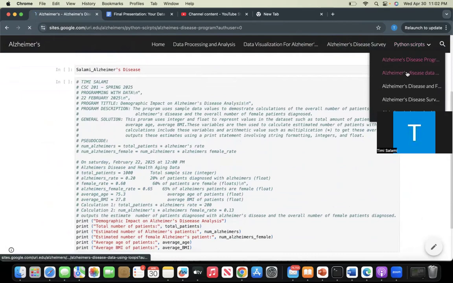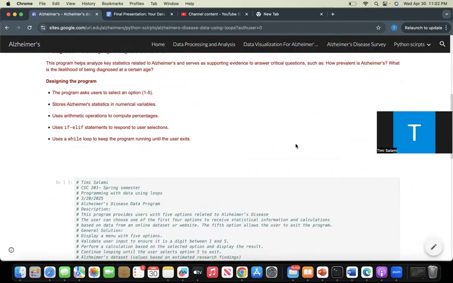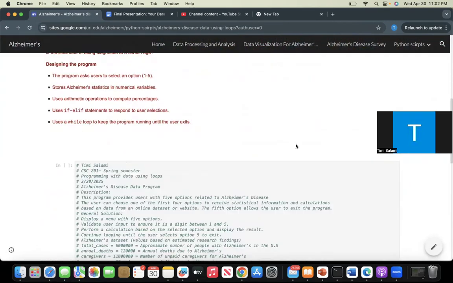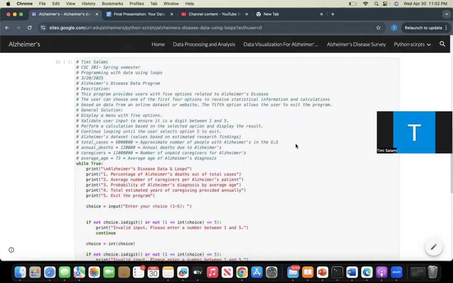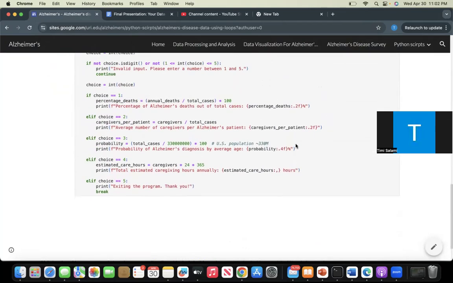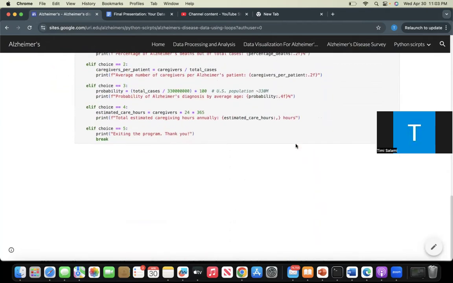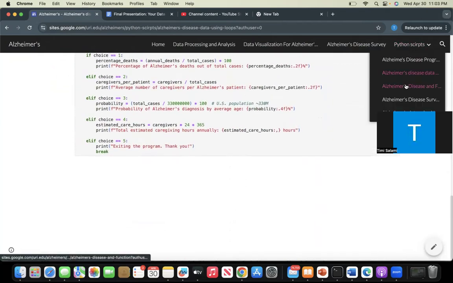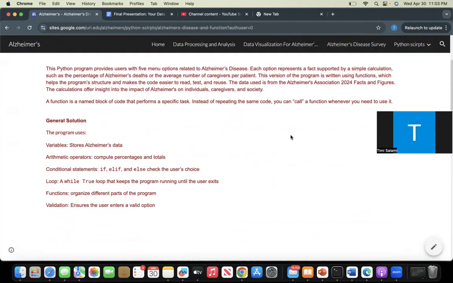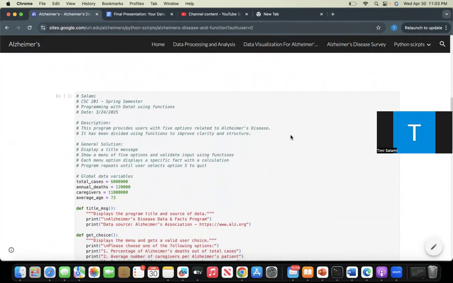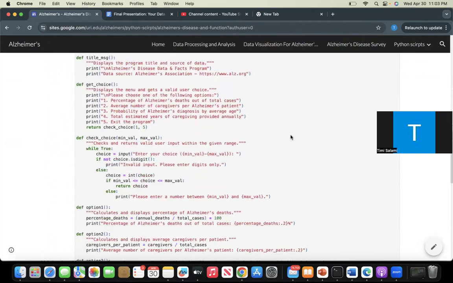For the second one are the if statements, using loops to process inputs and data for this one. The third one included functions to organize the code and so on.